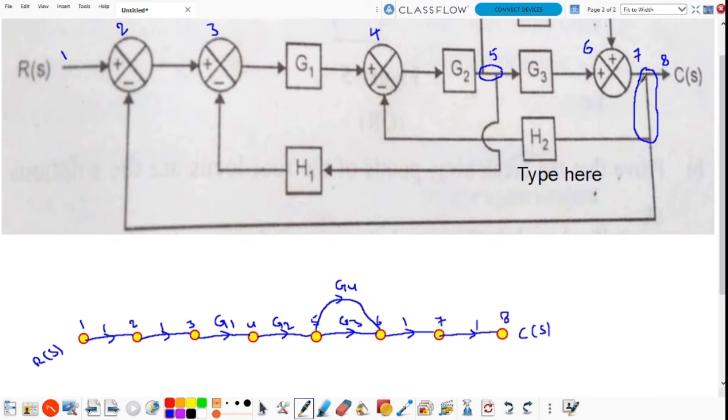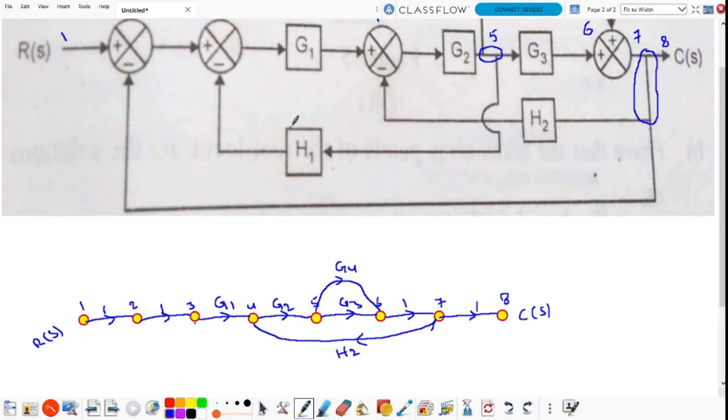And node 7 to node 4, the feedback element is H2 along the direction of the signal flow.